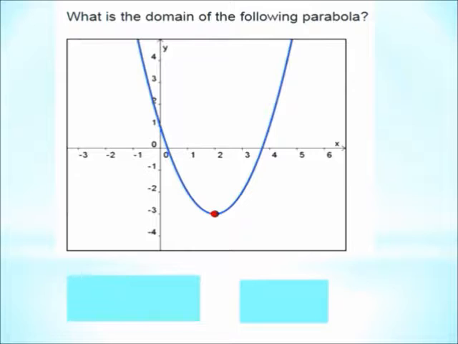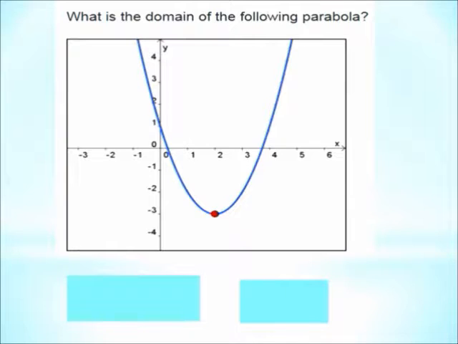So now let's look at the domain of the following parabola. With our domain, remember, is your x values. So you're looking at all the numbers that the x represents in this graph.